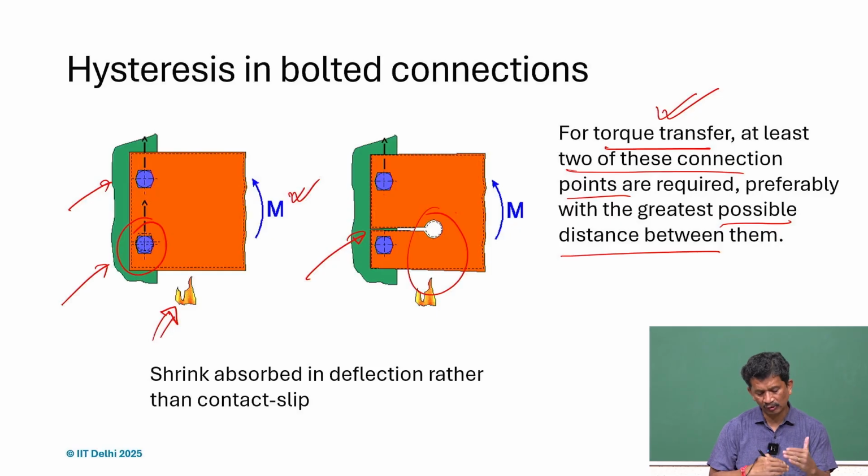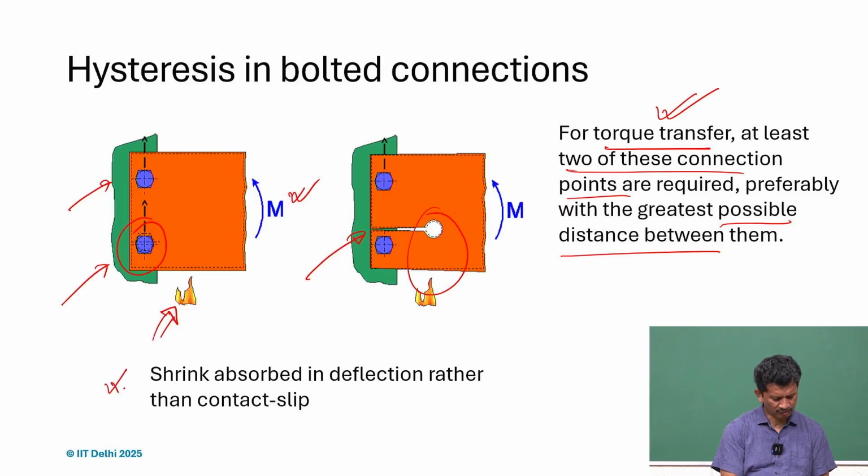So there will be no slippage or micro slip or any kind of movement at the bolted section, but it will just absorb, and that is the beauty of a compliant mechanism. So wherever possible, if you provide that, in order to address over-constraint related issues, many times the compliance can give a lot of solutions.